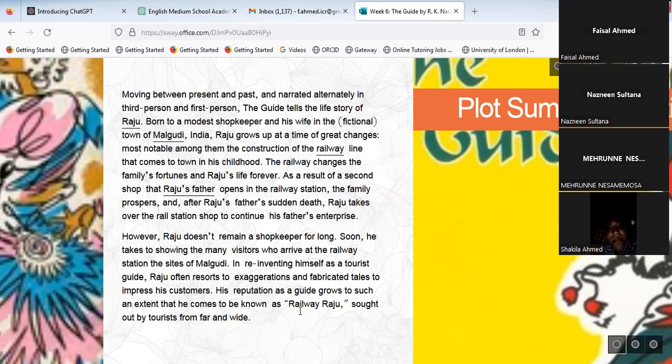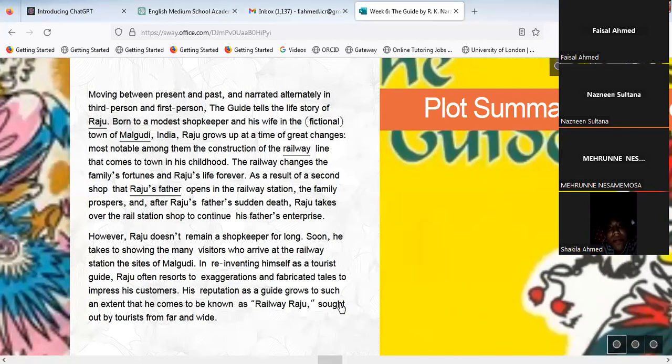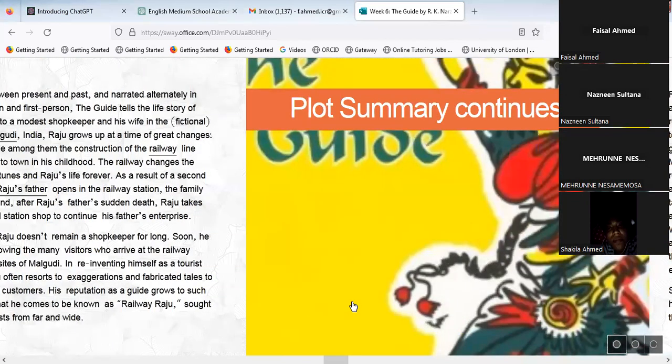His customers are tourists, foreign tourists in India. His reputation as a guide grows to such an extent that he comes to be known as Railway Raju, sought out by tourists from far and wide. So he becomes famous among the tourists, and his nickname is Railway Raju.